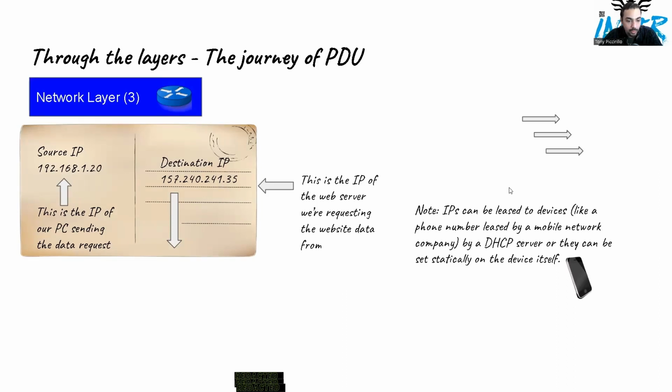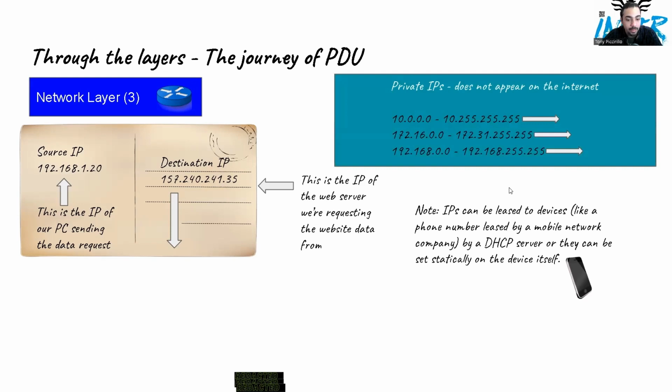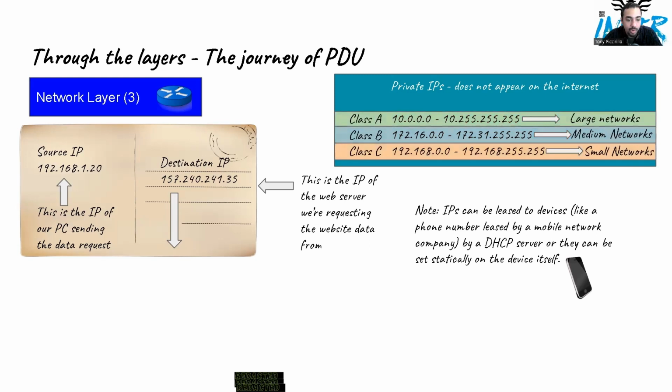So before we continue, we have to understand that there are private IPs and public IPs. Private IPs don't appear on the internet. They are only used in local networks or LANs. Private IPs are broken down into three classes. Class A uses the IPs 10.0.0.0 all the way through to 10.255.255.255.